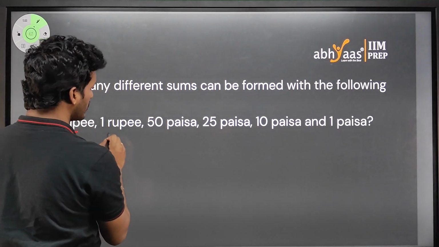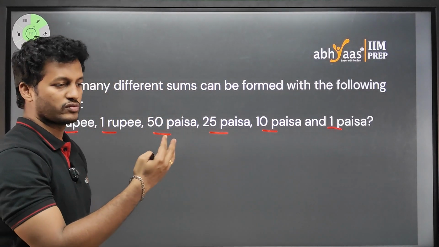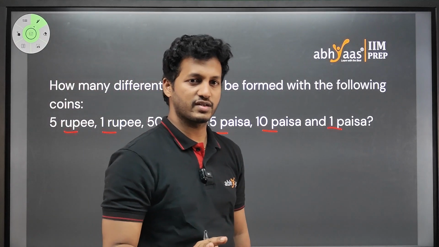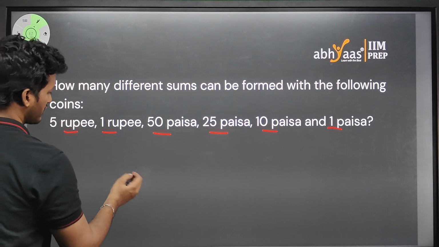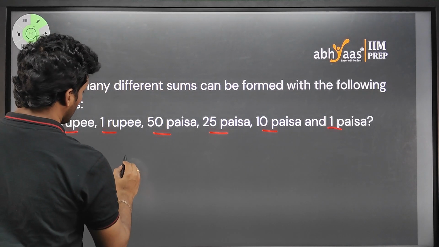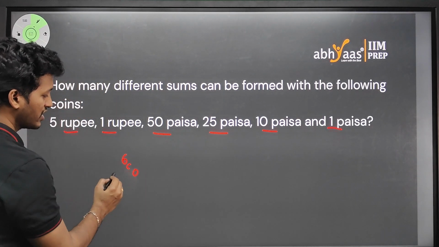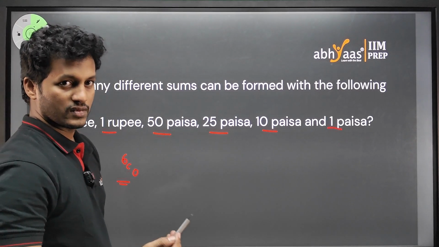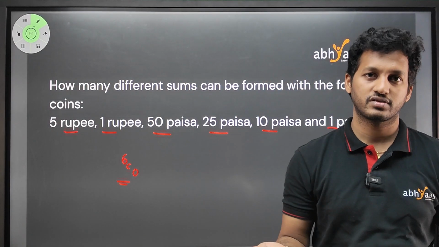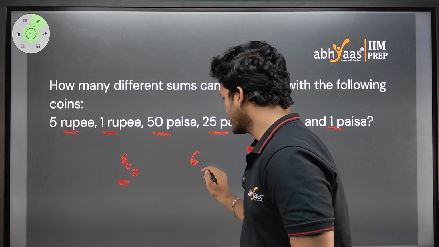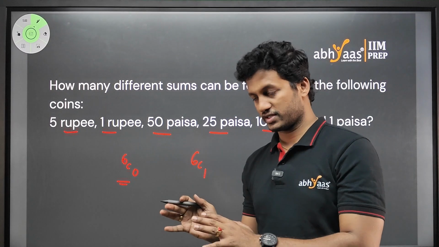First thing, 1, 2, 3, 4, 5, 6. Whether it could be 1 paisa or 0.25 paisa, it doesn't matter. How many options are there for me? There are 6. So what if I say 6C0, what is meant by this? That means I am not selecting anything from these 6 options. What is meant by 6C1? I am selecting 1 out of 6.